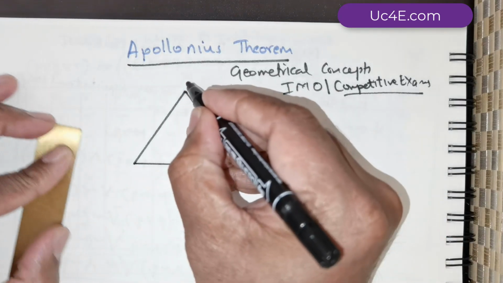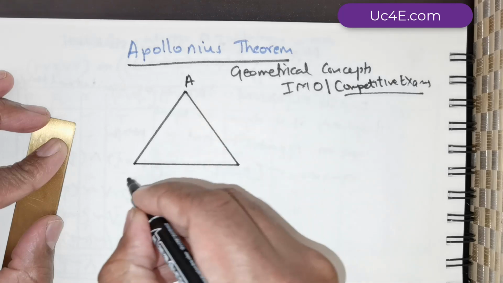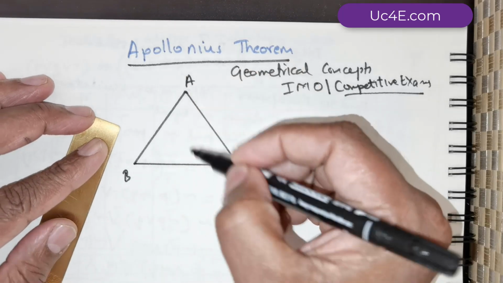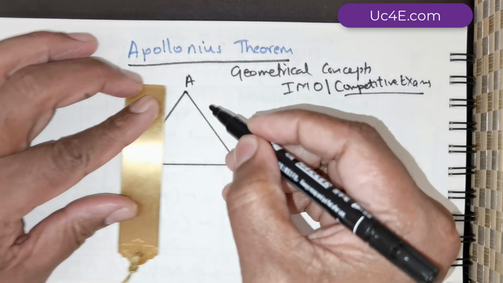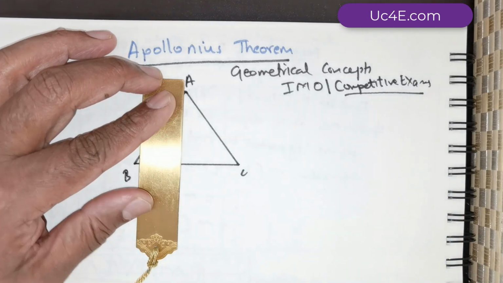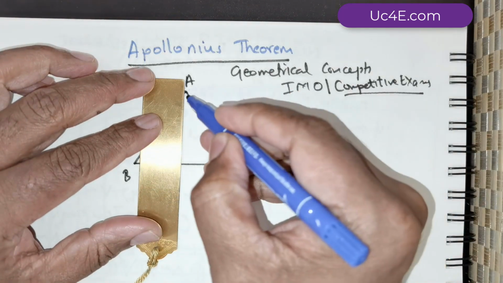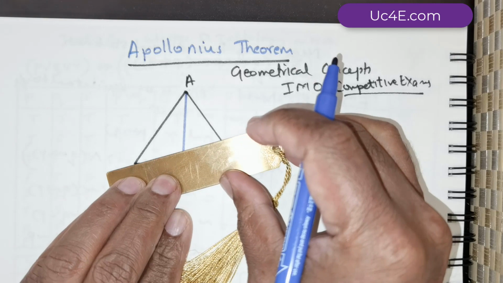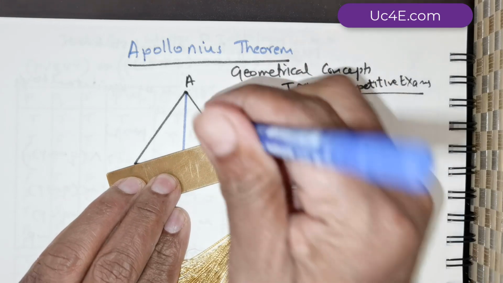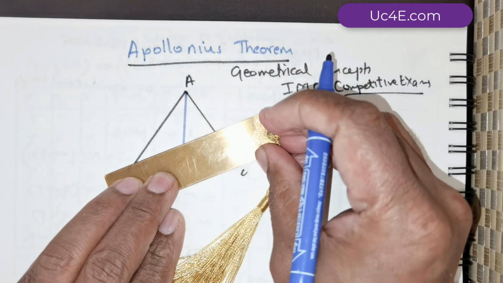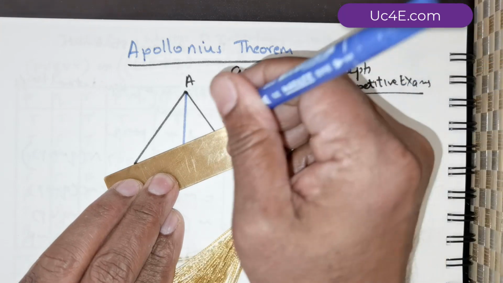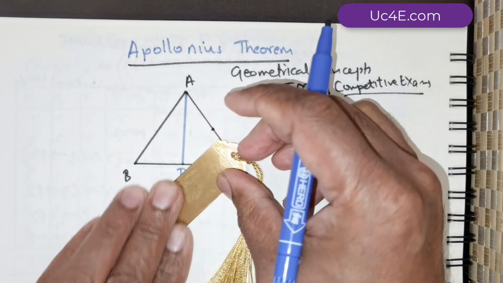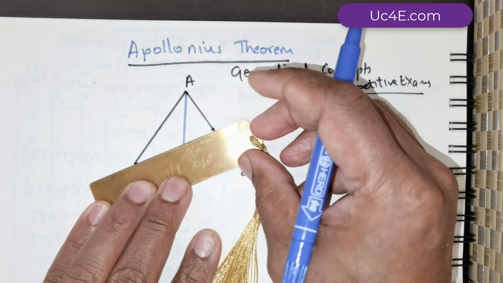Now imagine you have a triangle. You've got A, B, C, and you have the medians AD. These are the medians. Let me use a different color. So you've got a median AD, and then you have a median from B, so they are hitting exactly at the center.